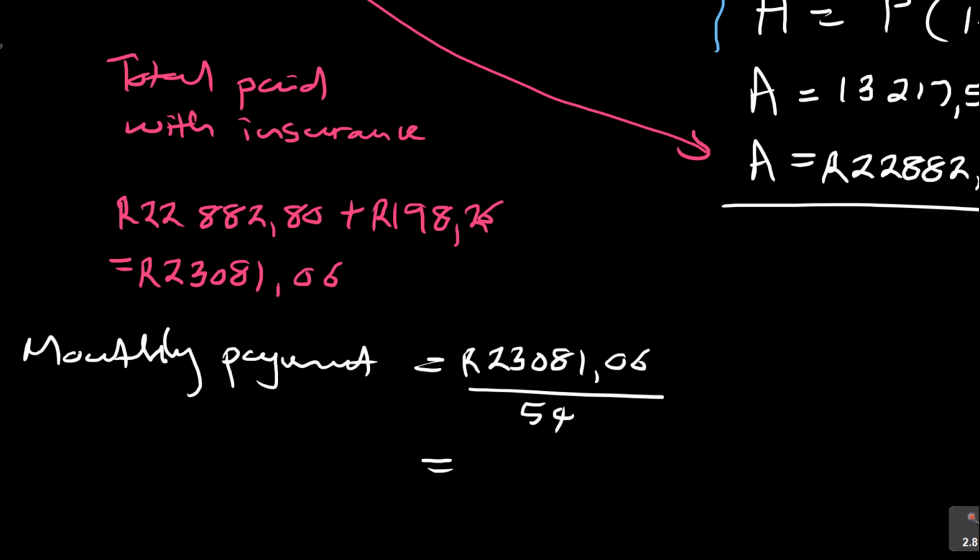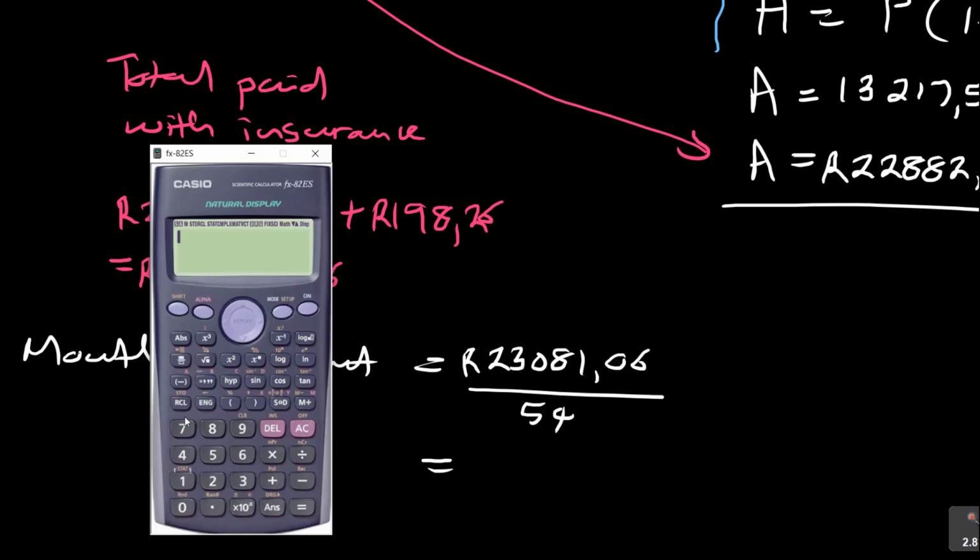Then when you do that, that becomes how much every month you will be paying for the next 54 months. So it's 23,081.06 over 54, which is equal to 427 rand 43 cent.